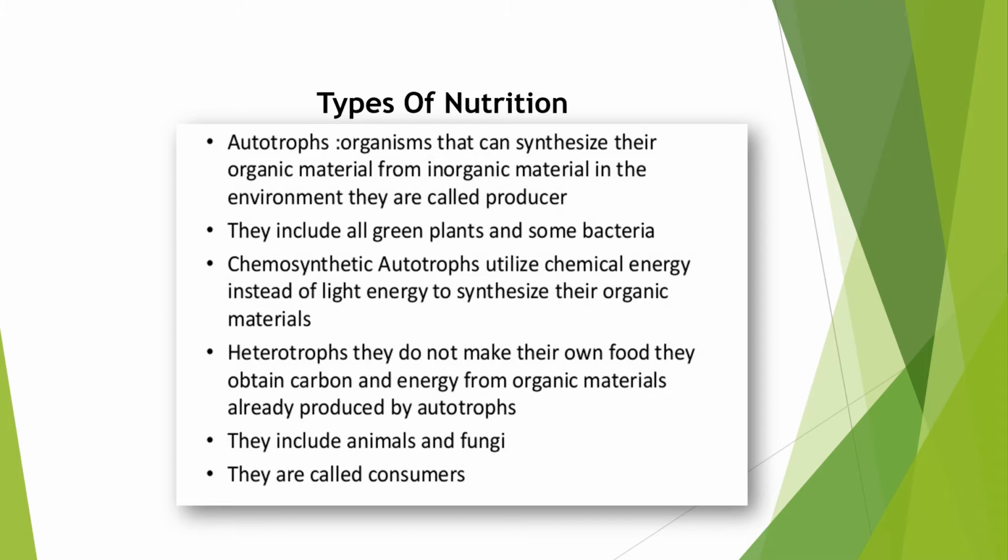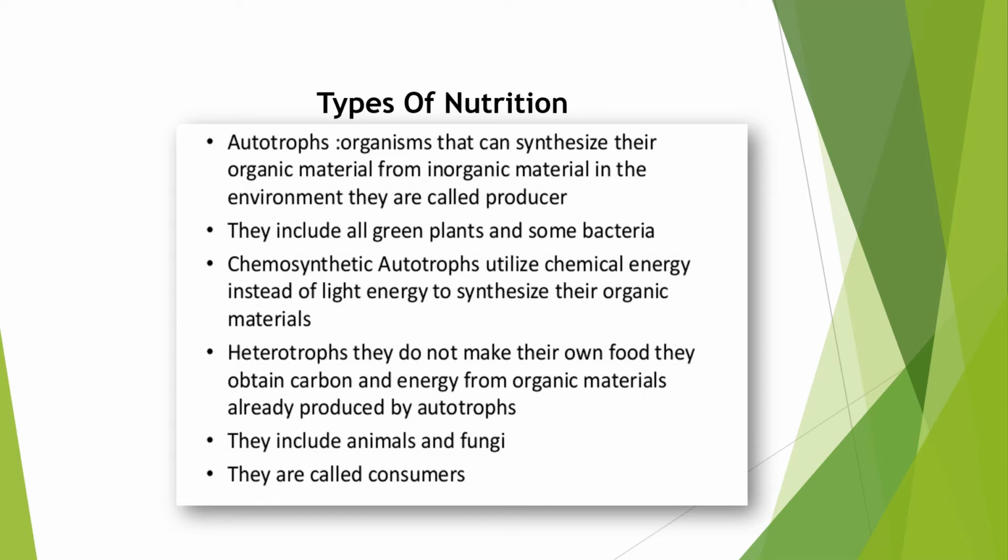Bacteria are microscopic organisms, as we have already studied in chapter number 1, that microorganisms are the smallest organisms present on the earth. They cannot be seen with the naked eye. You need a microscope to see these microorganisms. So some microorganisms, including bacteria, act as producers in the chain of nutrient supply.